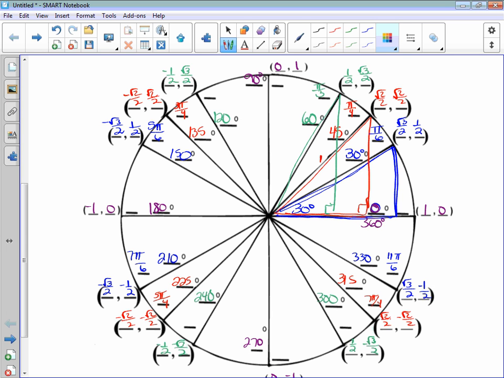We skipped a lot of numbers to get there. So this is 2 pi over 3. What's it going to be down here at 240 degrees? 4 pi over 3. Good. And then the last one?